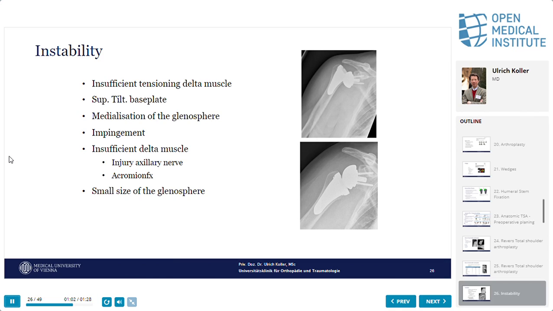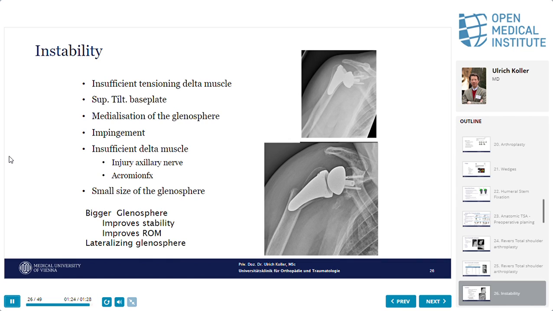So when does instability appear? Insufficient tensioning of the deltoid muscle, but that looked fine. Superior tilt of the base plate. You remember I told you that the Favard classification gives you an explanation of how the glenoid is tilted, and that's also interesting here.